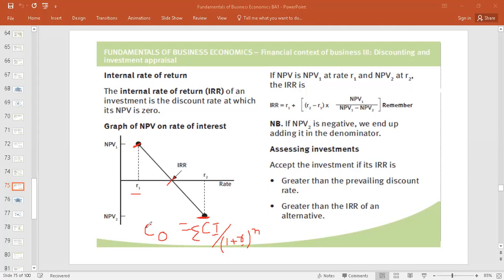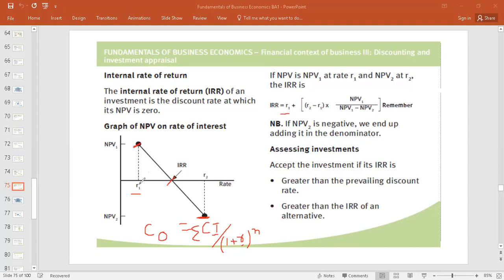But since we are using trial and error, assuming a rate and getting NPV as exactly 0 is not a possibility. So in that case, an interpolation is done. Interpolation says, take the first rate as the lower rate.